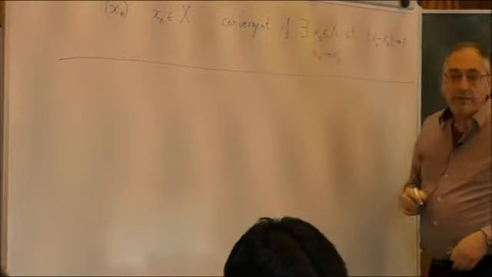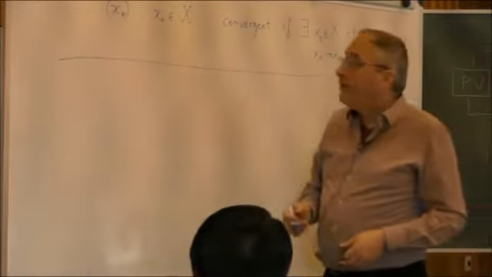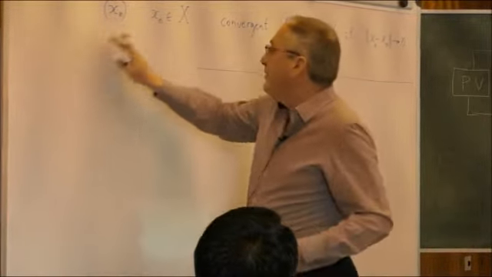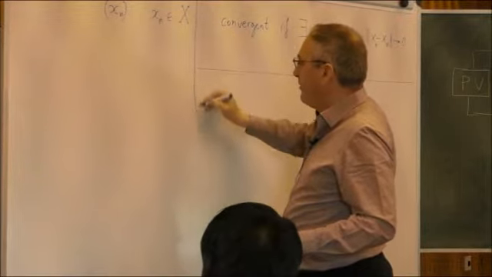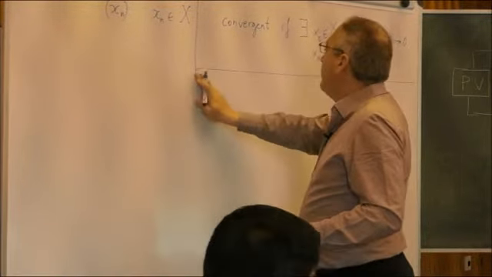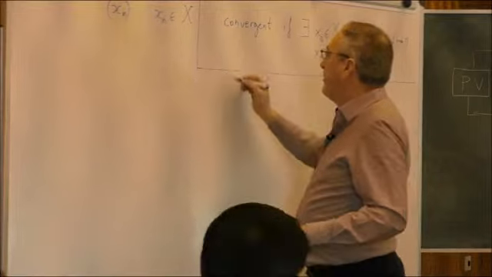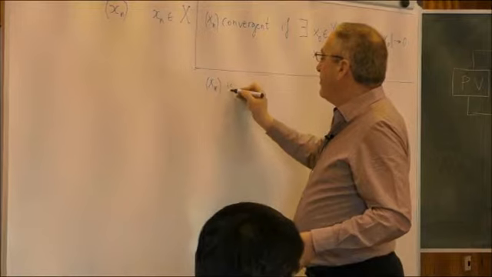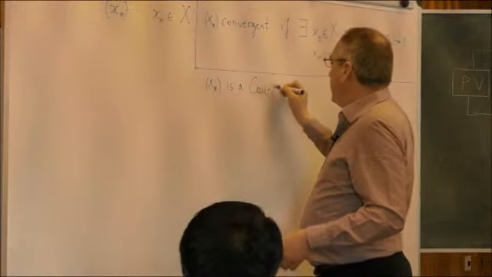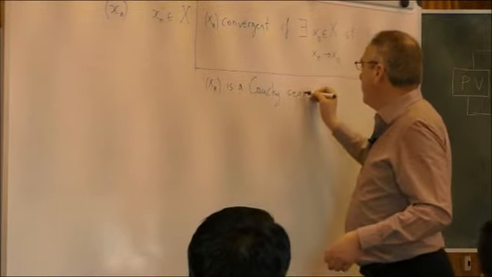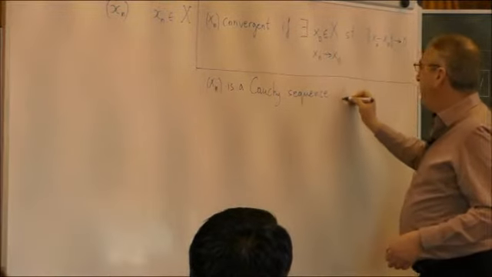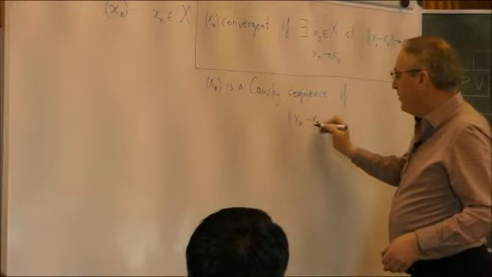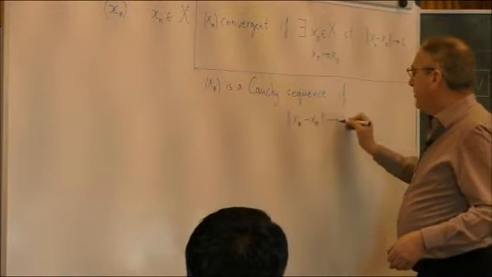Now I tell you another definition which is closely related. We have again a sequence in this space X, which is a space with inner product, and we say xn is a Cauchy sequence if the norm of the difference between xn and xm converges to 0.